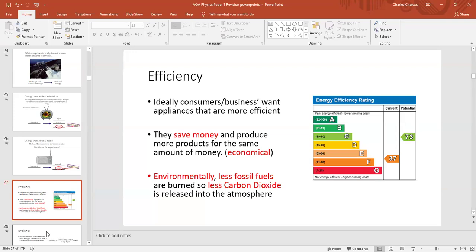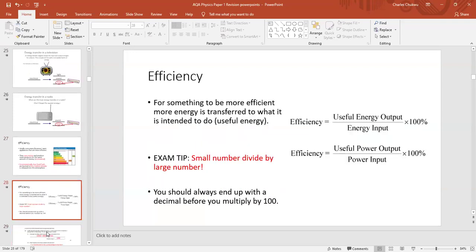Efficiency is key. Why? Because it saves money and helps them to use that money to produce more product for the same amount of money that was saved. Environmentally, less fossil fuels are burned, so less carbon dioxide is released into the atmosphere. These are critical terms that you may need to use in your explanation. Okay.